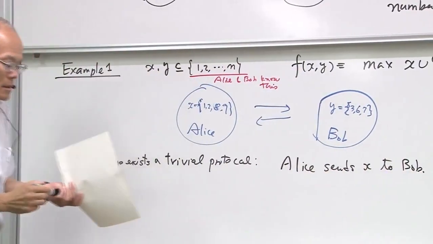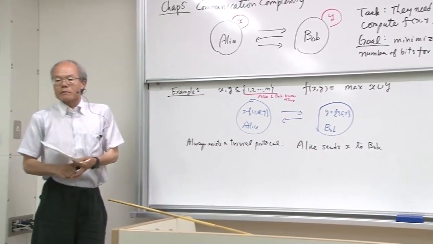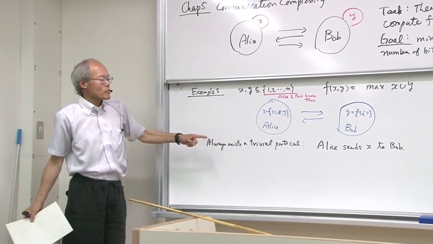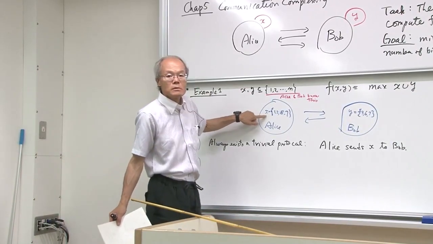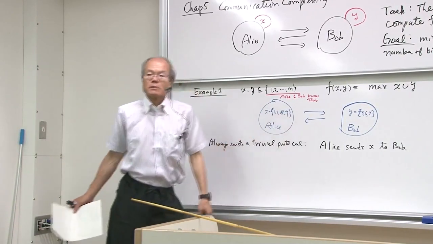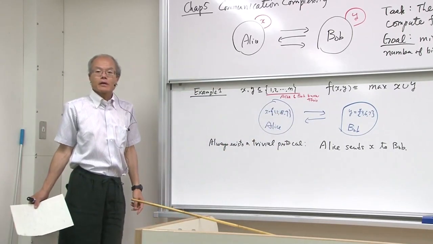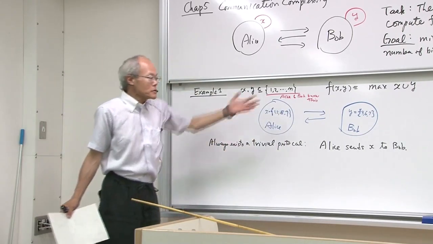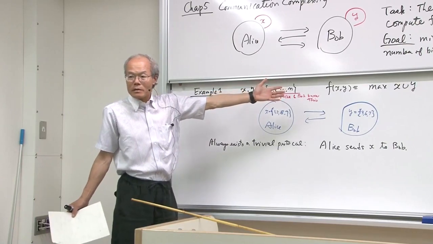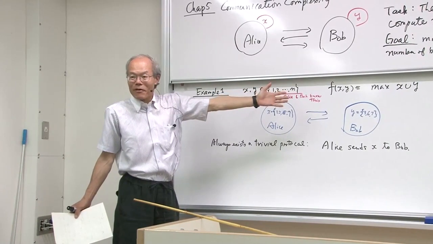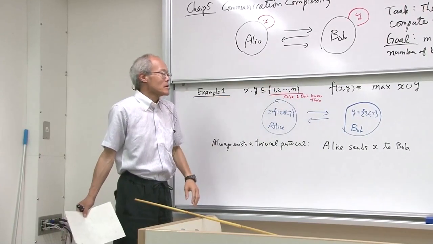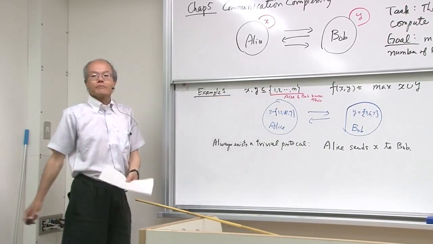Alice sends her input x to Bob, then of course Bob can compute the function value f of x and y. Of course it's possible. So in this case, what is the communication complexity?